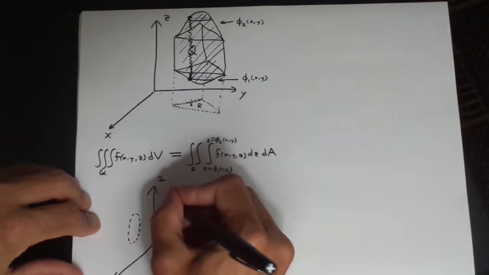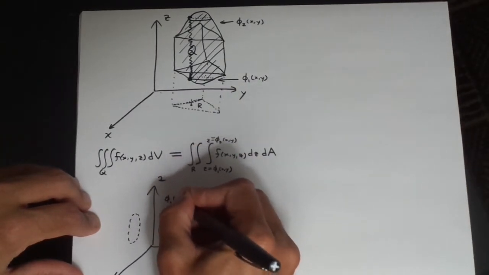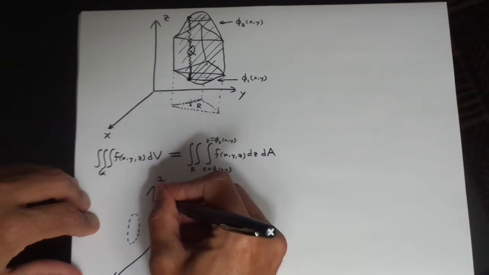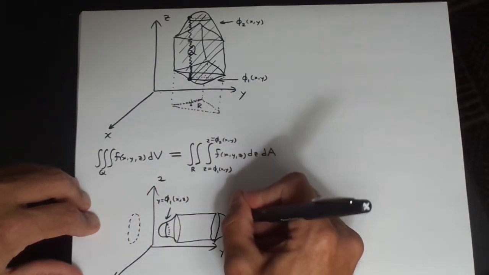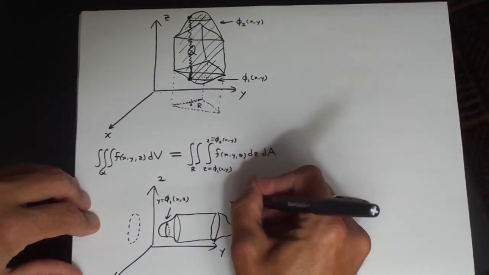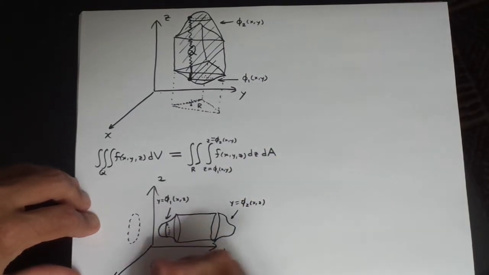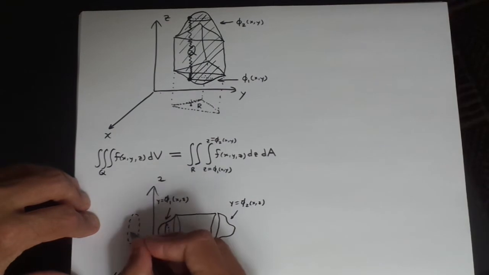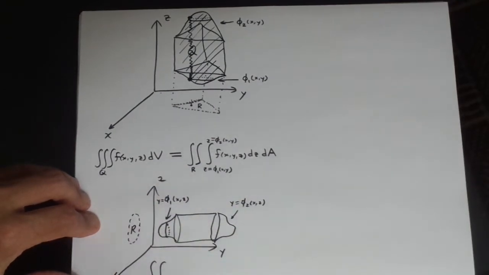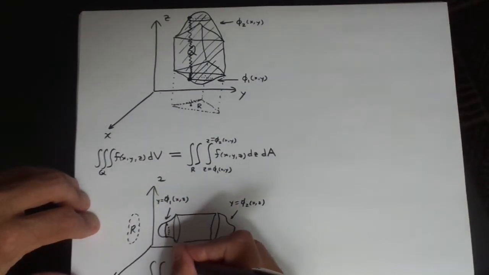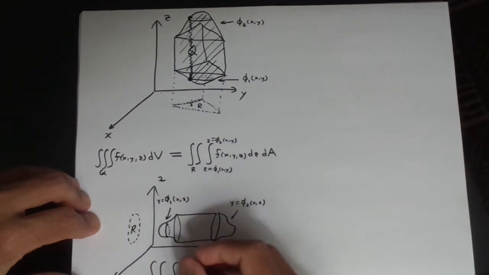Well, this lower surface would be phi1 of x and z, and that would be a y variable, and the upper surface would be y equals phi2 of x and z. In this case, you would want to set this one up with the x and the z on the outside and the y variable on the inside.